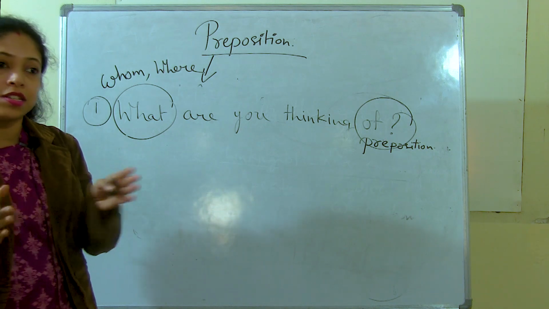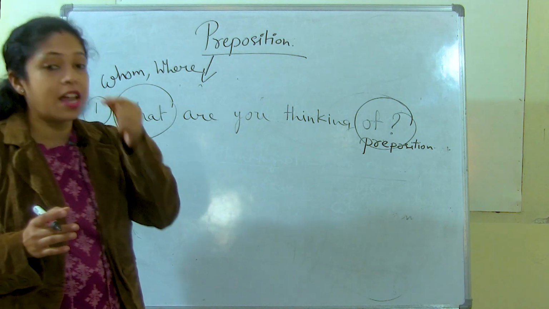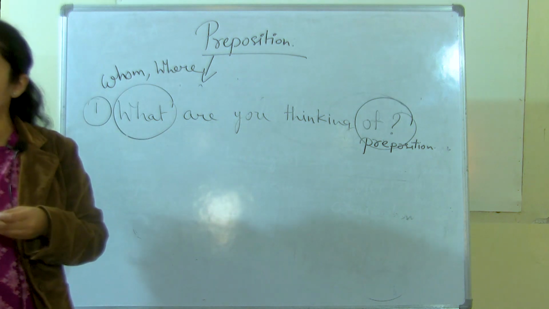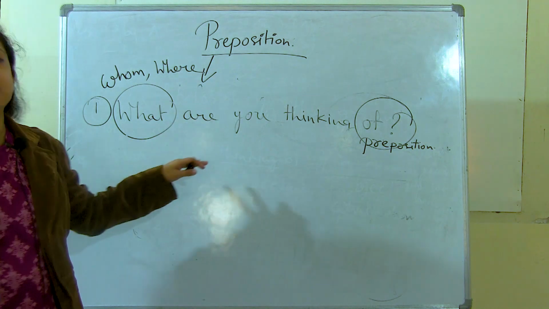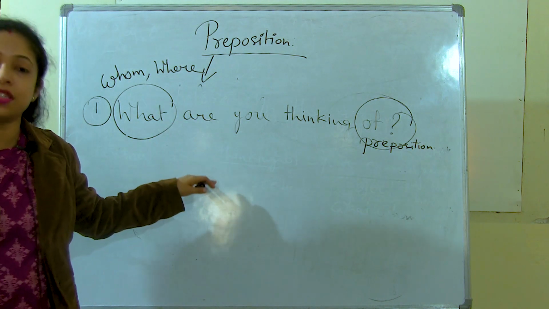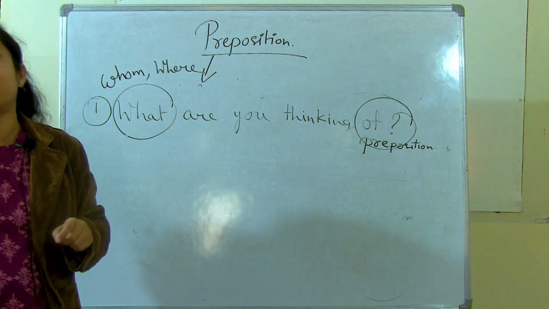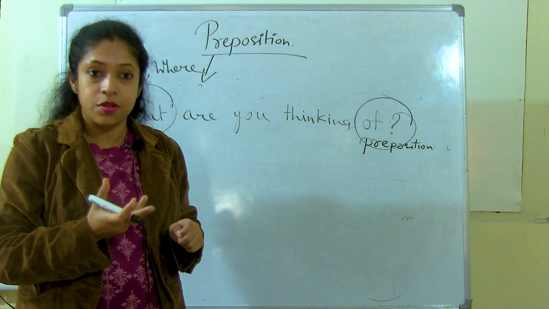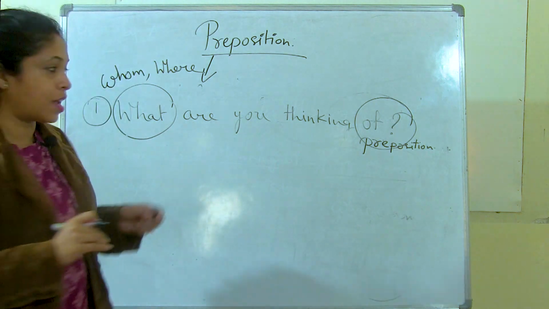So we have to understand how and where these prepositions are used. In gerund form, whenever you get ing with the verb and before that any preposition is used, then it is called a preposition. Otherwise it will take other forms, such as infinitive or object, and many other things.